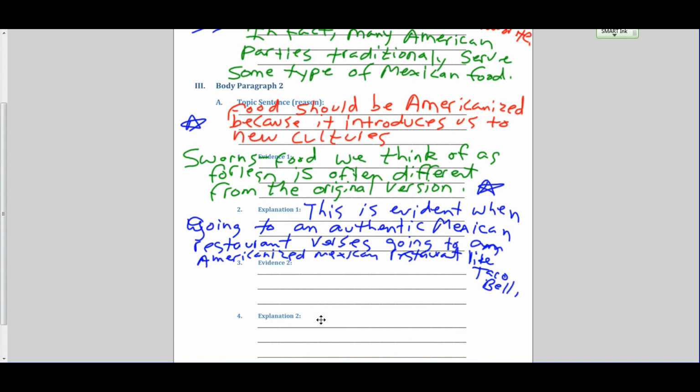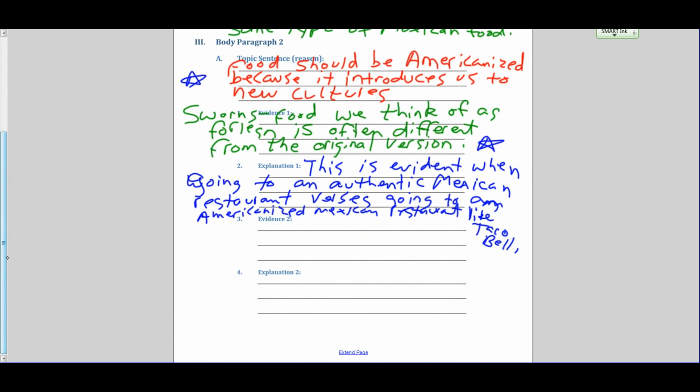So this came from our first article, which is by Tarsus. So I'm going to put Tarsus, and I'm going to put America serves many different types of foreign food. This is a paraphrase again, it's in my own words.